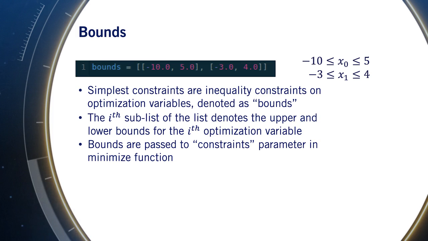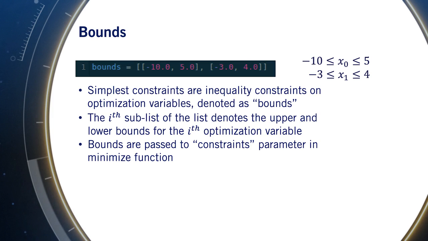As we mentioned earlier, we can also specify constraints for our optimization problems. For most algorithms, these constraints are given in the form of lists or dictionaries. The simplest type of constraints are inequality constraints on the objective variables called bounds. Bounds are specified by the L-BFGS-B algorithm as a list of lists, where each sublist is of length 2 and contains the upper and lower bound for each optimization variable.